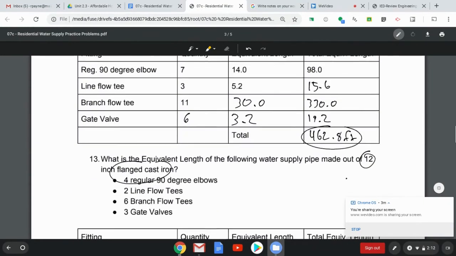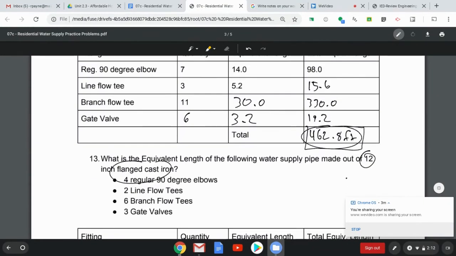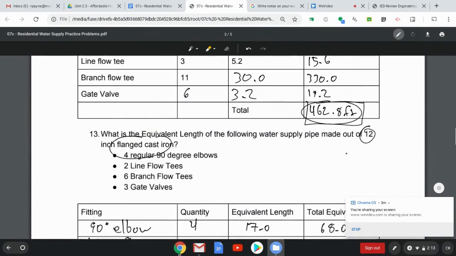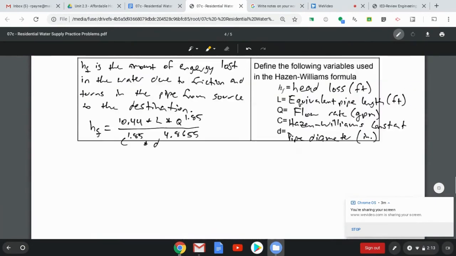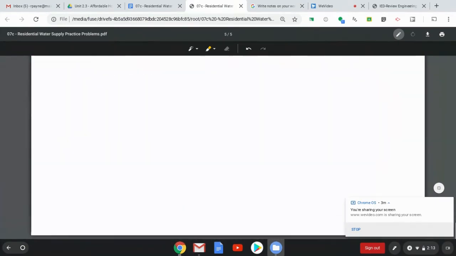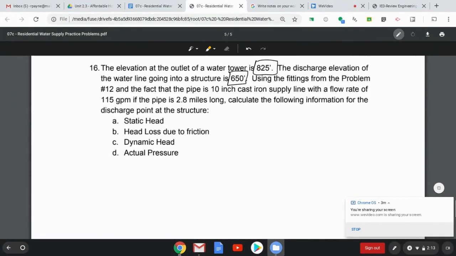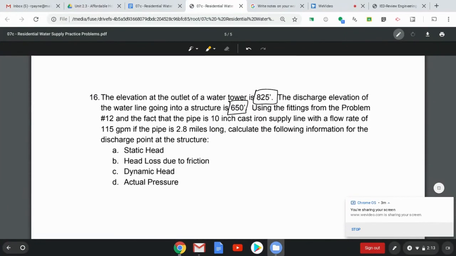So if I look at problem 12, we have an equivalent pipe length of 462.8 feet, plus 2.8 miles of length there. So I need to make sure to put that in there.